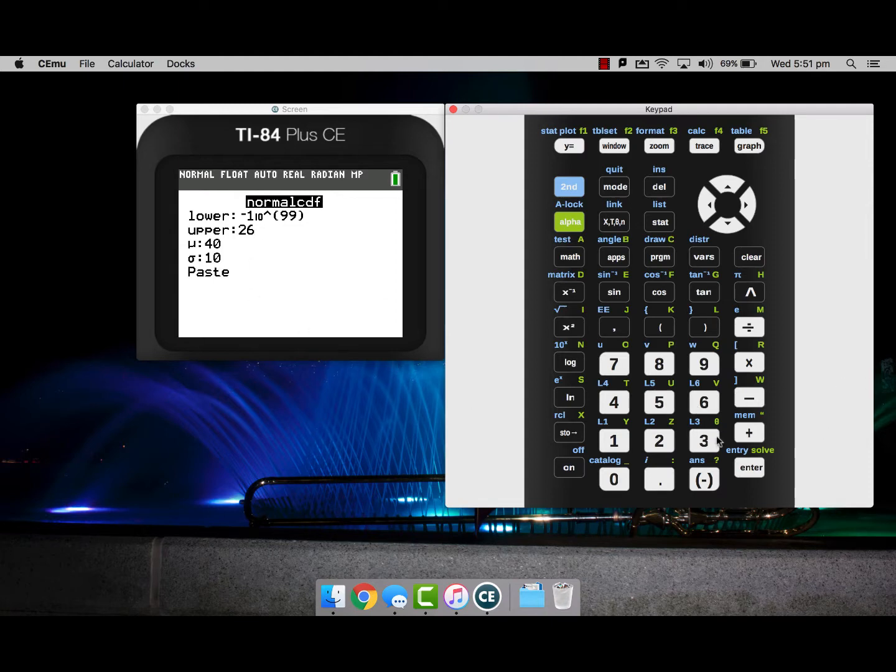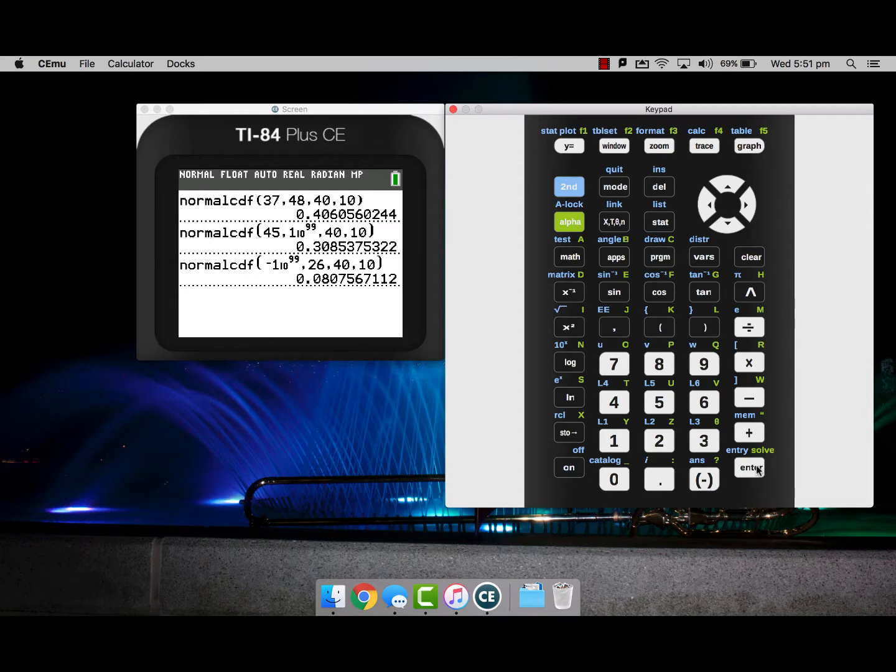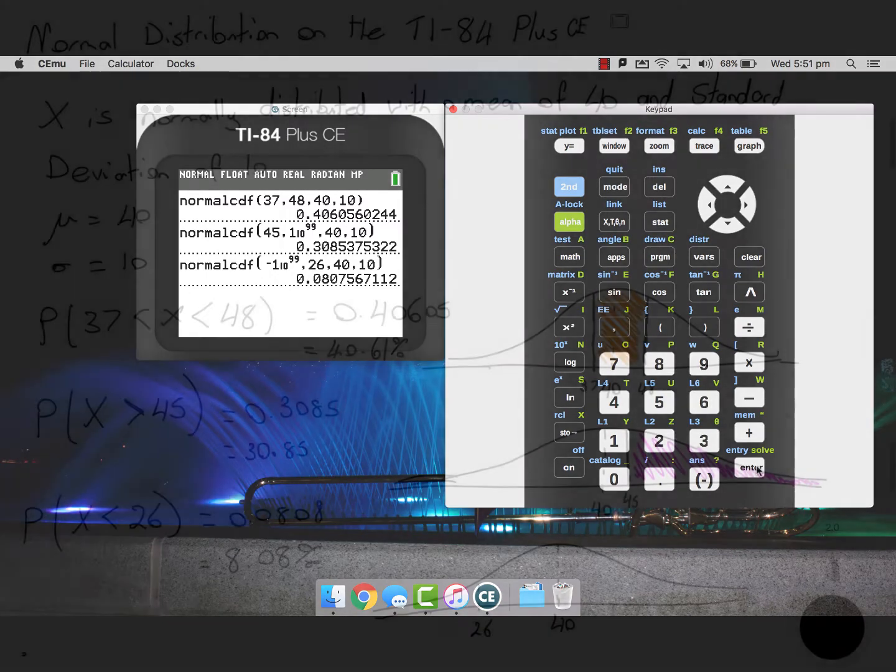Again, we can just leave the mean and standard deviation as 40, paste that, and this will give us our answer of 0.080765.